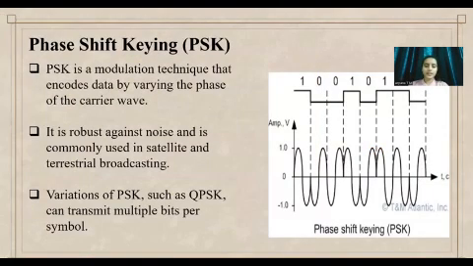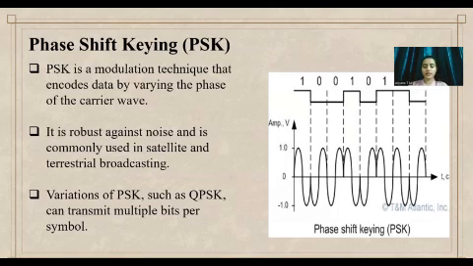Phase shift keying, that is PSK. It is also a modulation technique that encodes the data by varying the phase of the carrier wave. It is robust against noise and is commonly used in satellite as well as terrestrial broadcasting. Variations of PSK include QPSK, which can transmit multiple bits per symbol.